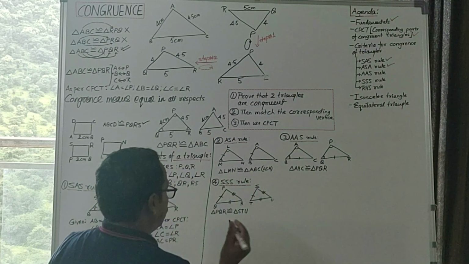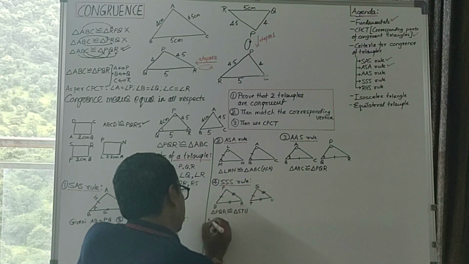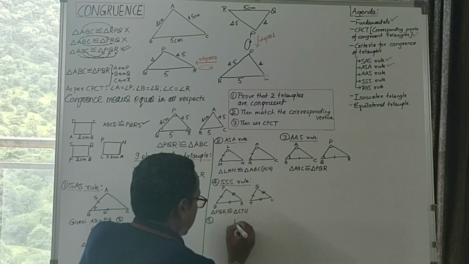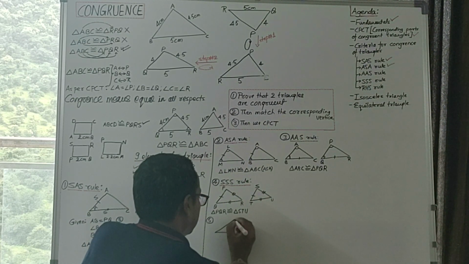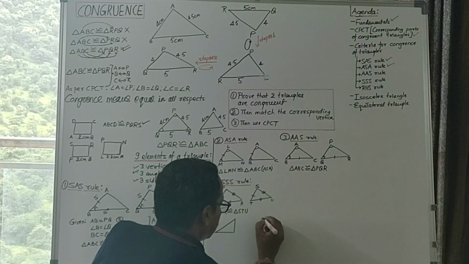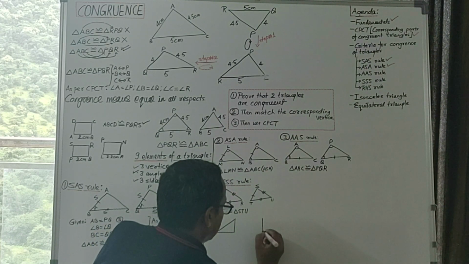The fifth and last rule which we are going to talk about is for a right angle triangle. I'm going to draw this one again.